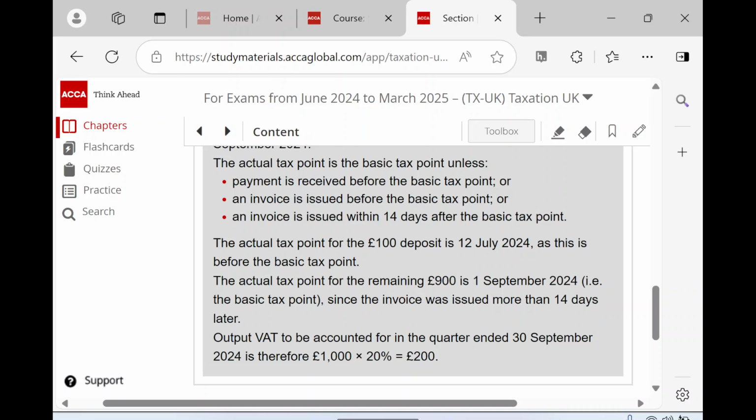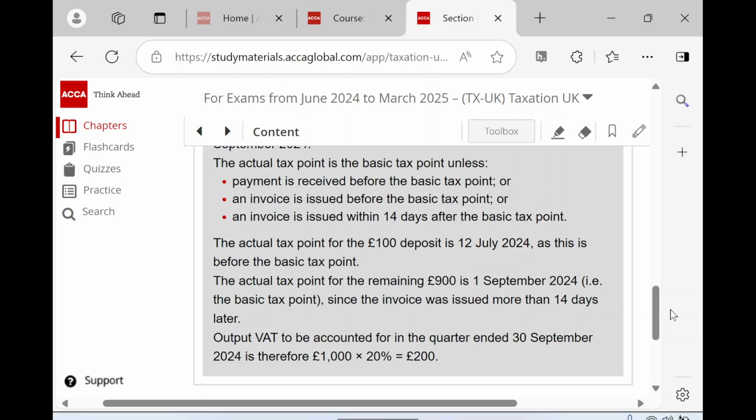For the 900, slightly different. The actual tax point for the remaining amount is 1st of September, i.e. the basic tax point, because the invoice was issued more than 14 days later. So in effect, actual tax point equals basic tax point based on these rules, okay?